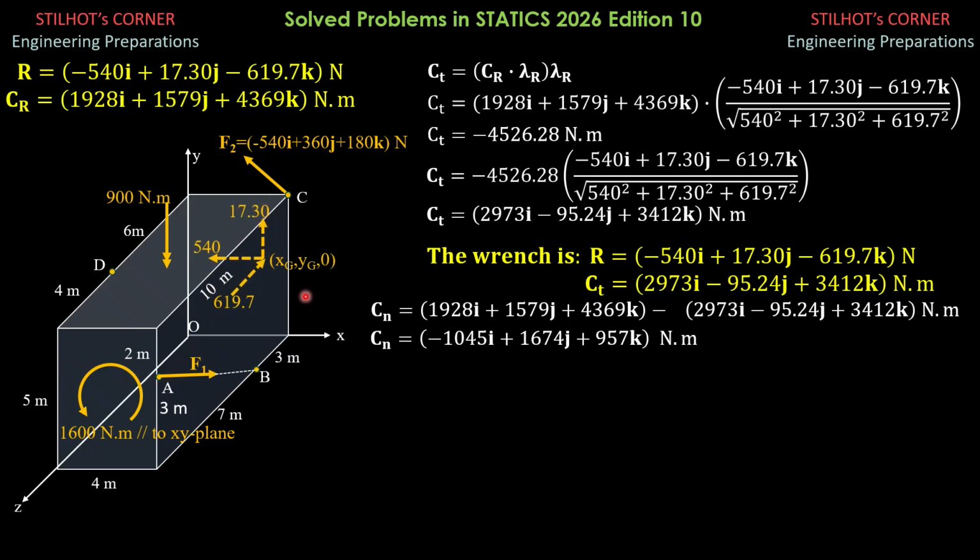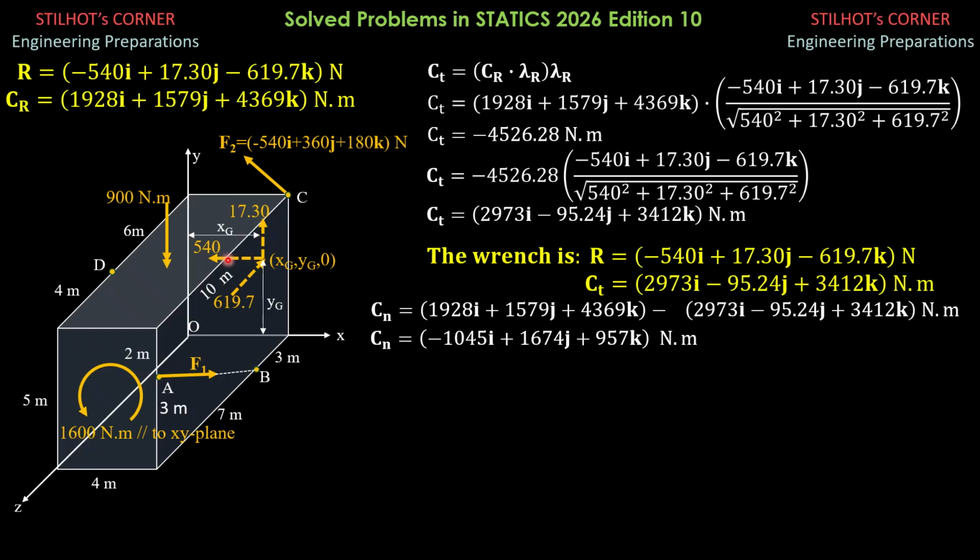So on this plane, we have to find xg and yg, the z component will be 0, and let's call that point G. So moment about y first to compute xg, positive sense would be in that direction, and that is equated to 1674. The moment of the 619.7 is positive because it has the same sense as the positive sense of moment about the y-axis.